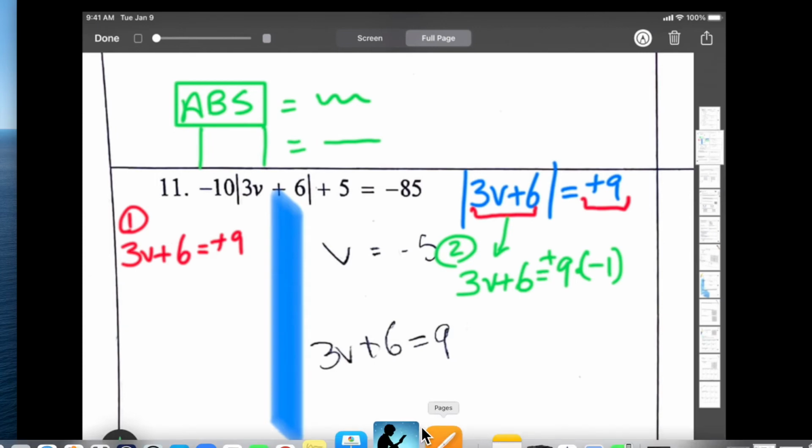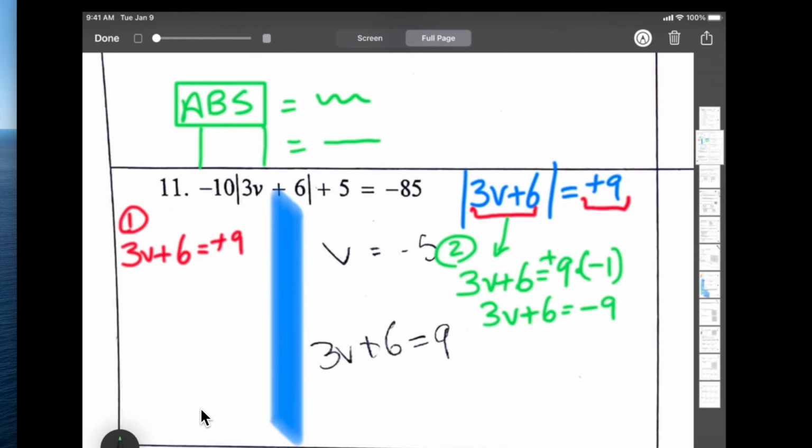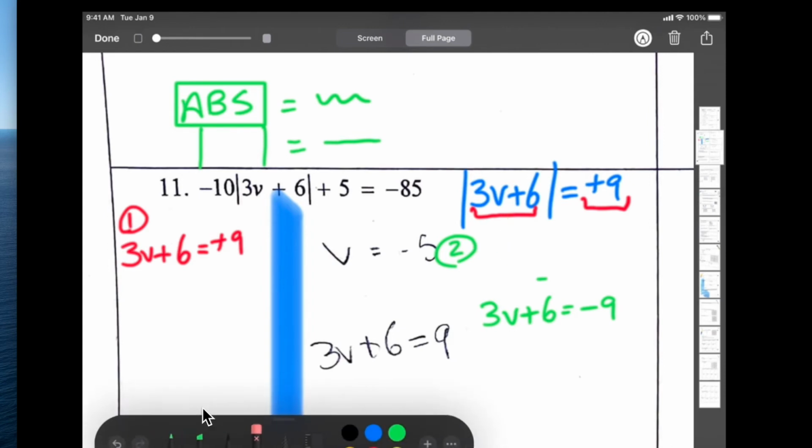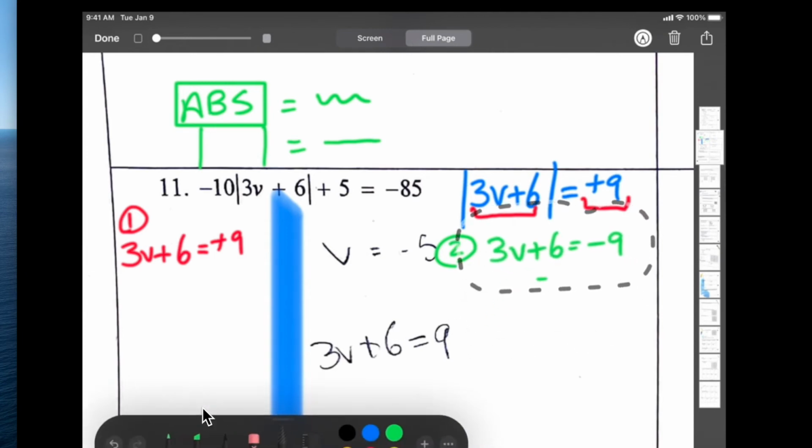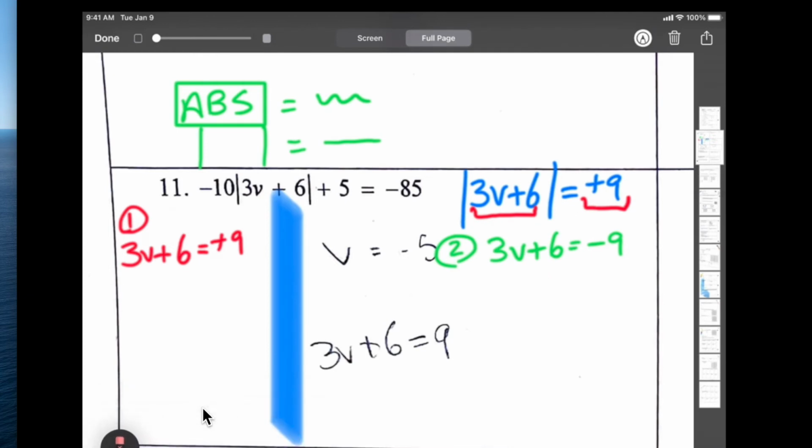That's going to give us 3v plus 6 equals negative 9. So we're going to have two equations to solve. So let's do that. And don't forget at the end, we're going to have to check both answers. These are very labor-intensive problems, but nothing we can't handle.